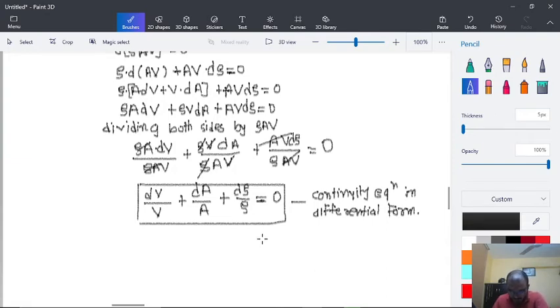Now let's move forward with Bernoulli's equation. So the second topic is Bernoulli's equation.